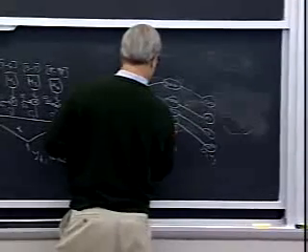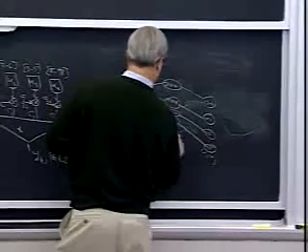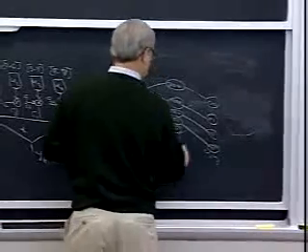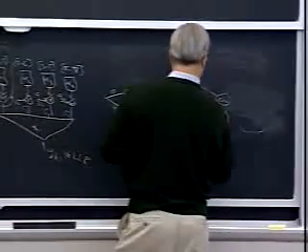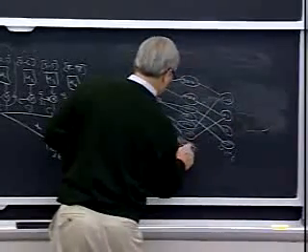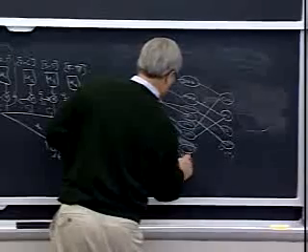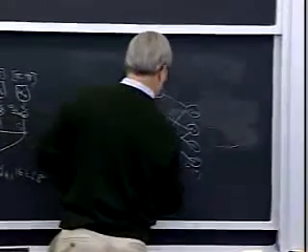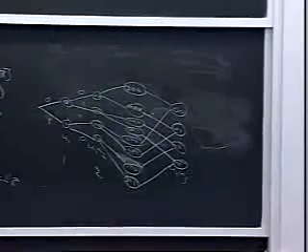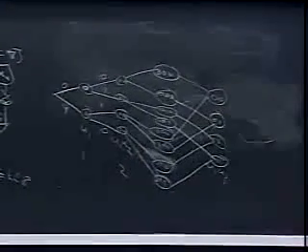This could go to 1, 0, 0 or 1, 0, 1. And then this one goes up to either 0, 0 or 0, 1. This one can go to 1, 1, 0 or 1, 1, 1. And that can go like this. All right, so there's the trellis for the first half.